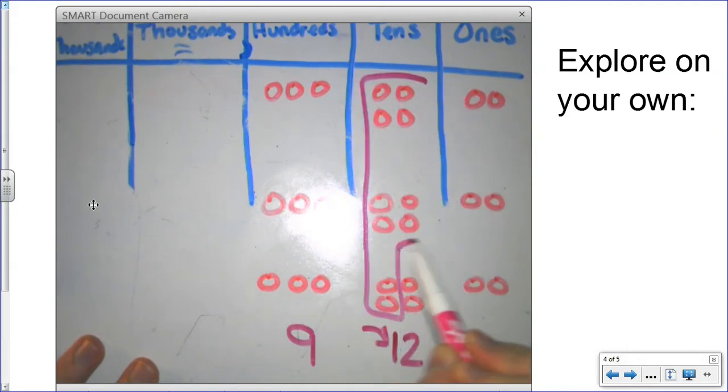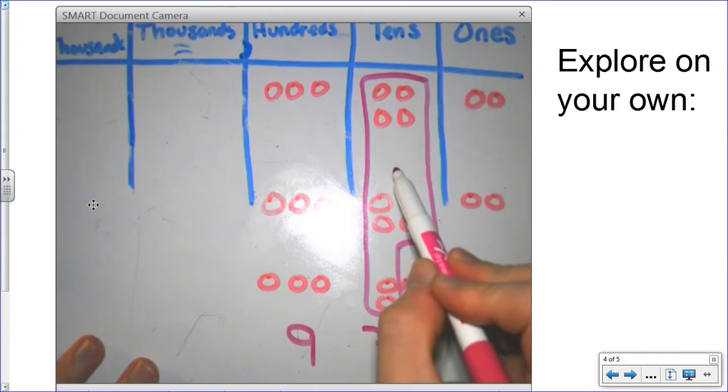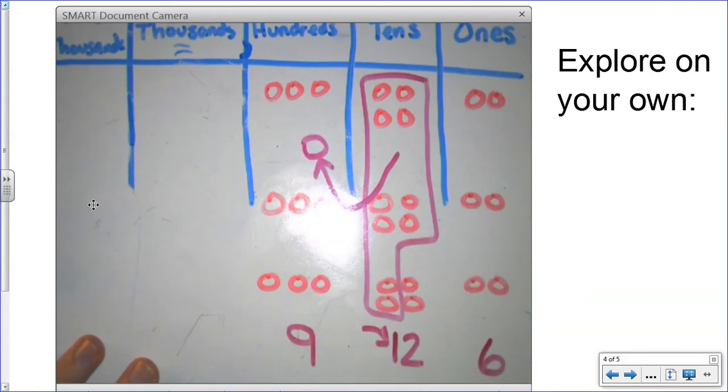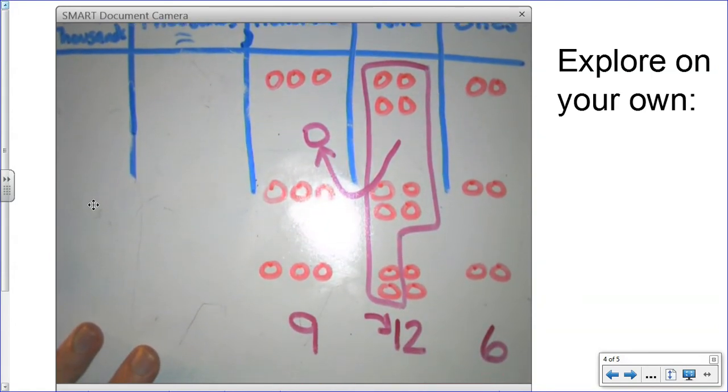and regroup and fix. So I have 10 tens become 100. So if that's taken place, now I have 2 tens left over, and now I have 10 hundreds. Well, wait a second.